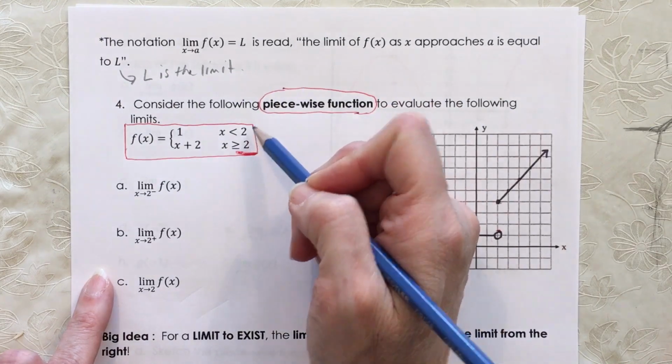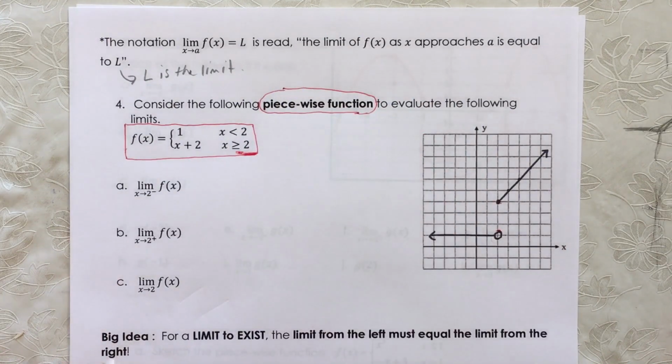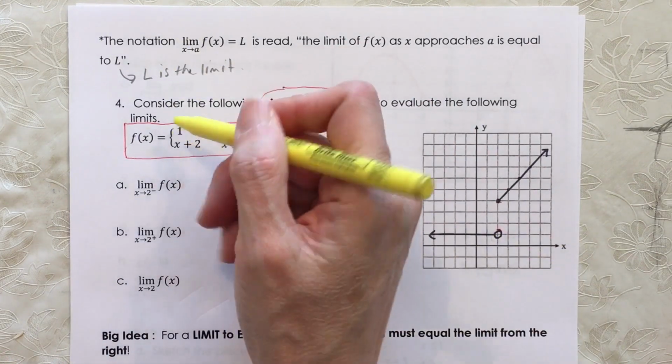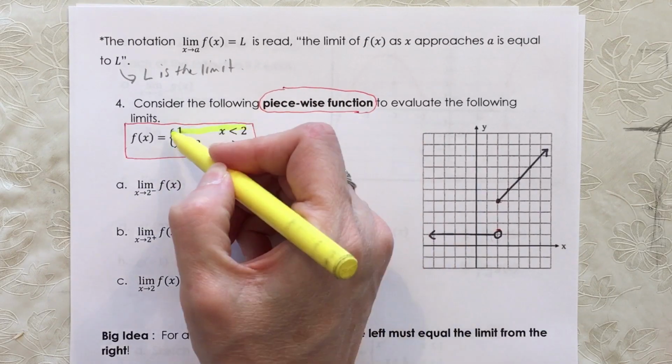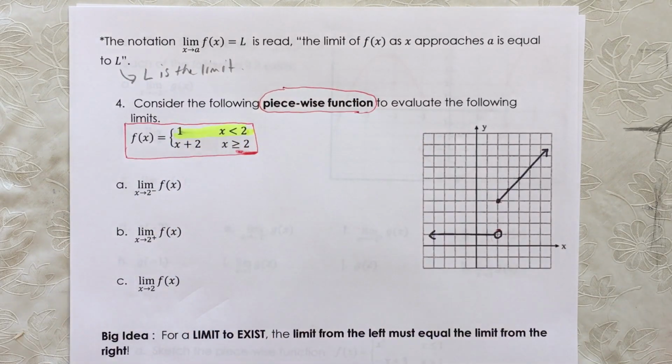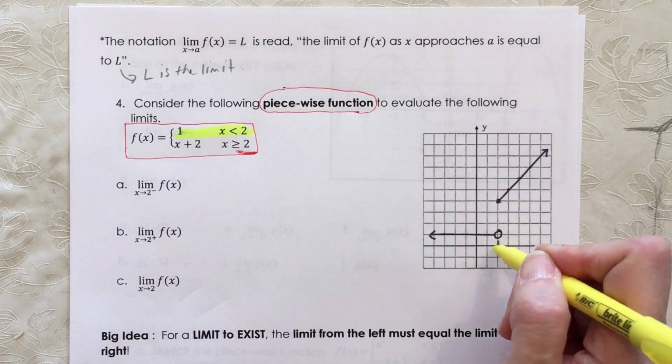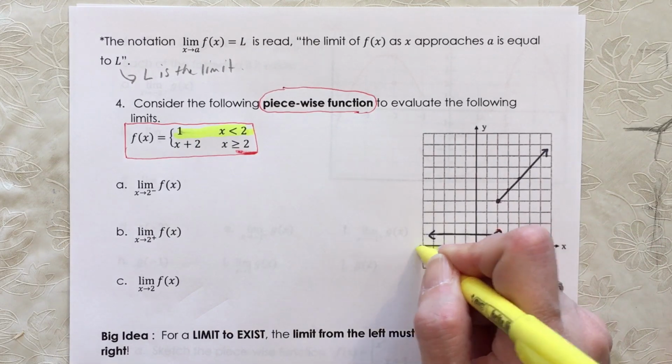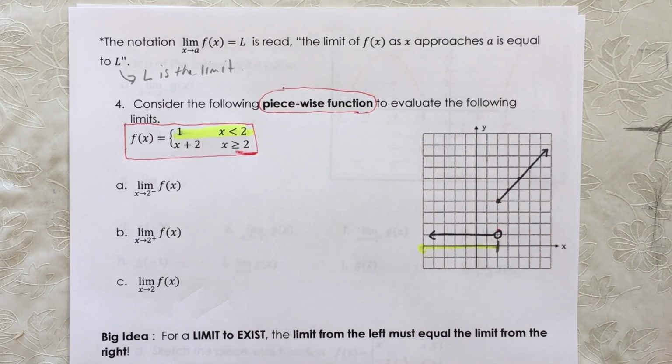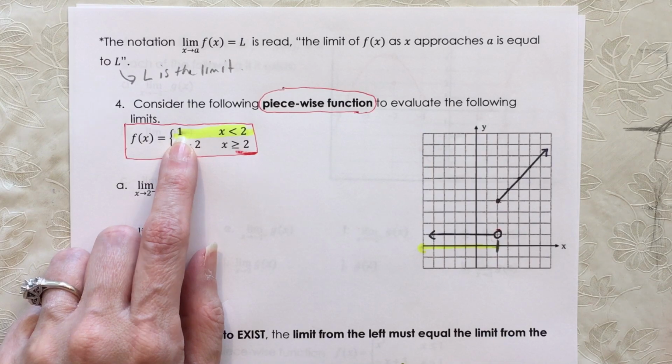So if we look at this top branch of the function, here's 2. Being less than 2 is like all of these values over here. That's x being less than 2. And it says whenever x is less than 2, the corresponding y value is always 1.